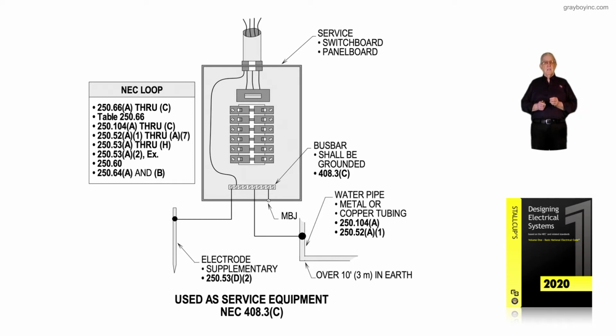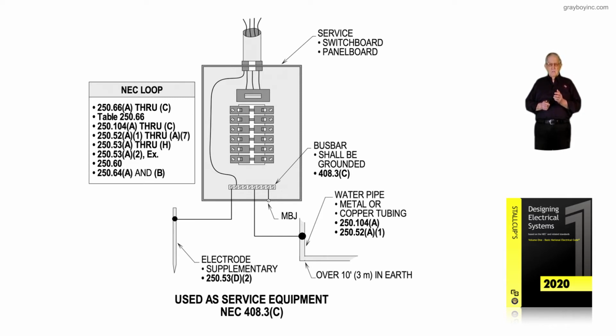Notice 250.66(A) through (C) and Table 250.66 deals with grounding. And notice the water pipe system to the right bottom side. It shows a water pipe or copper tubing. 250.104(A) and 250.52(A)(1) state that the water pipe system, if it's metal, has to have at least 10 feet of it in the earth to be considered an electrode in accordance with 250.52(A)(1).